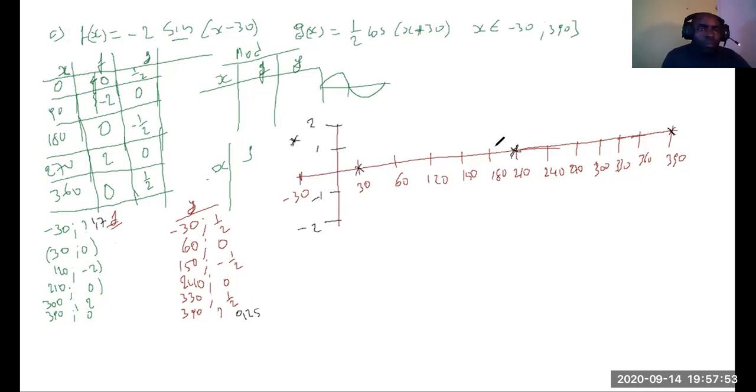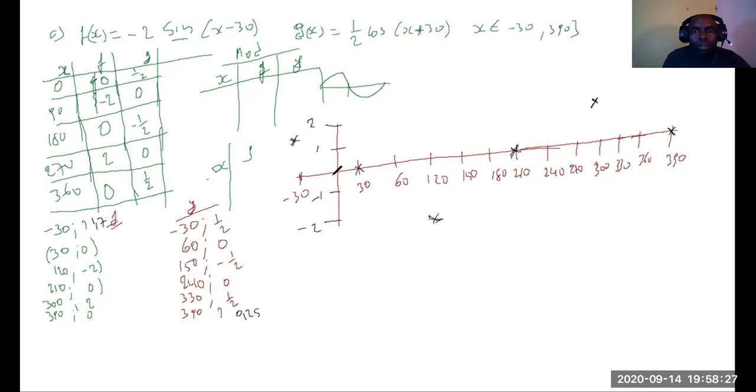And then let me look at my maximum. I've got 2 at 300. My minimum, I've got -2 at 120.